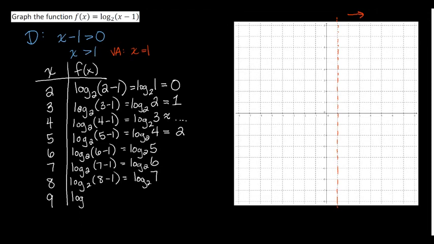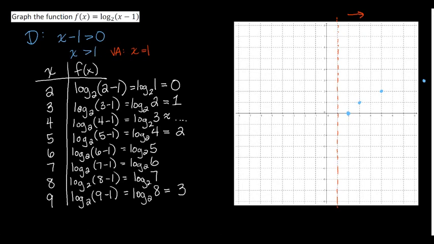When we plug in 9, however, we get 9 minus 1 on the inside, log base 2 of 8, and that equals 3. So let's plot some of these nice ordered pairs like (2, 0), (3, 1), (5, 2), and even though we don't have (9, 3) directly, it would be somewhere out here.